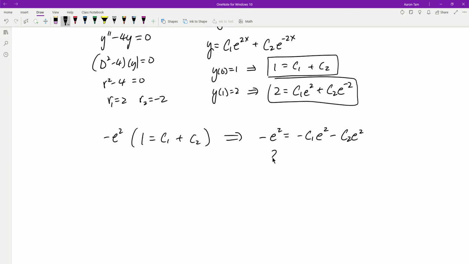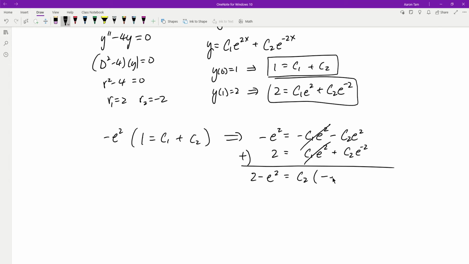And I'm going to put the second equation underneath. I'm going to add these two equations together. So notice that c1 will cancel out, so now I can solve for c2. So I will have 2 minus e squared equal to, here I'm going to factor out c2, what I have will be negative e squared plus e to the negative 2.